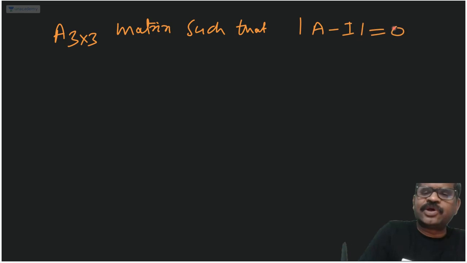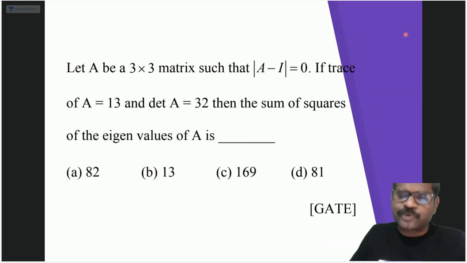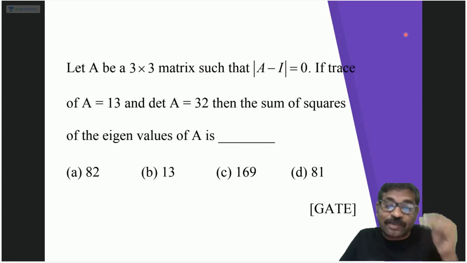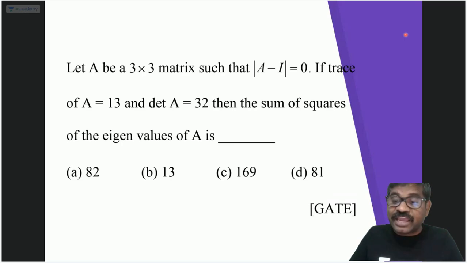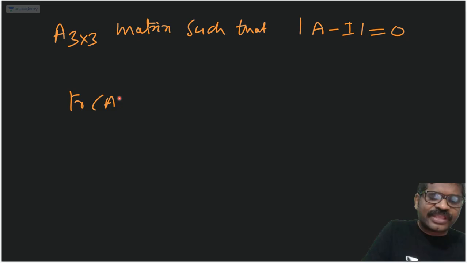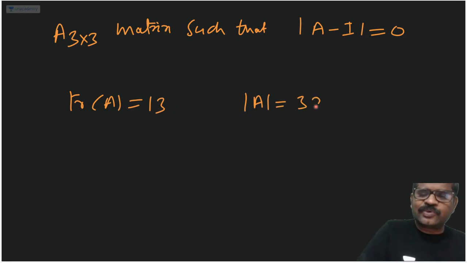If trace of A is 13, det A is 32, then find the sum of the squares of eigenvalues.